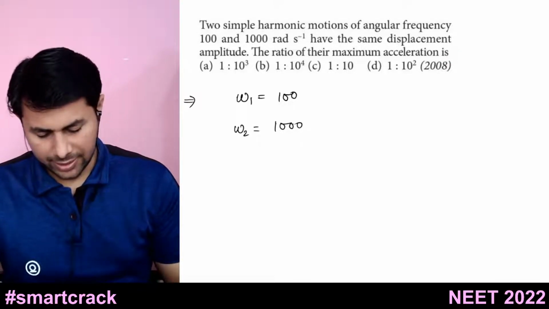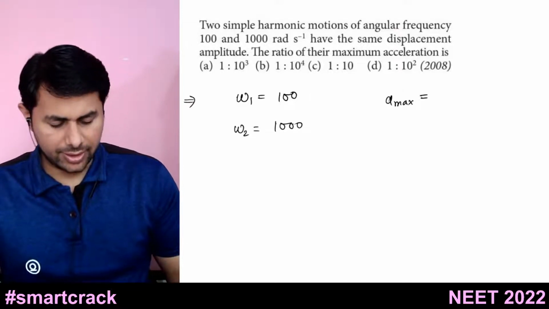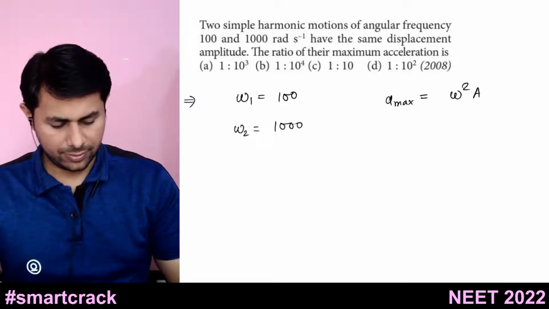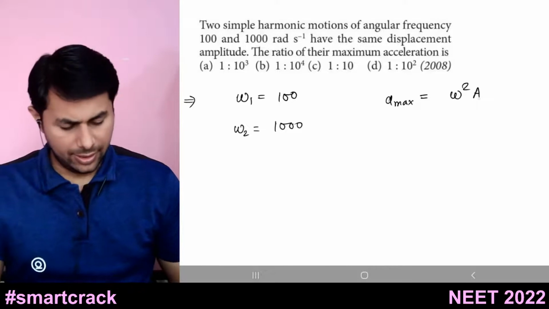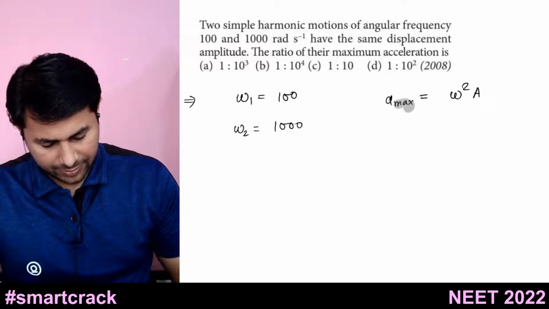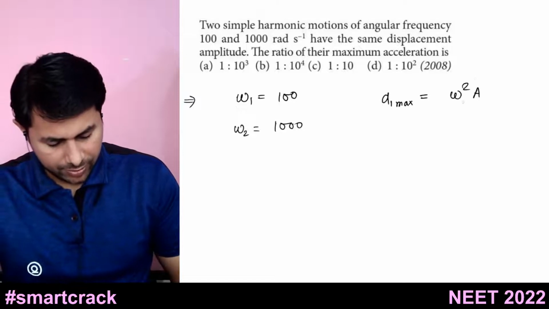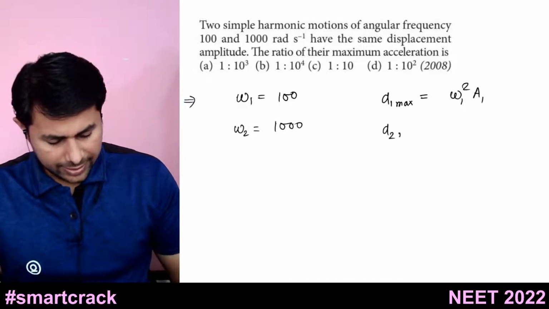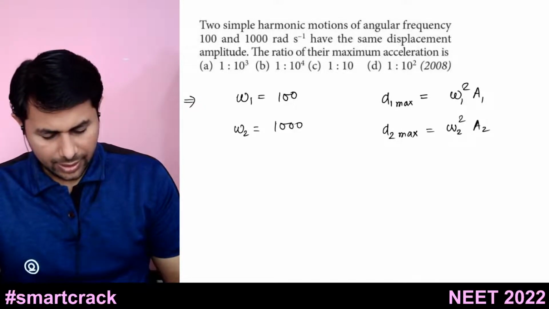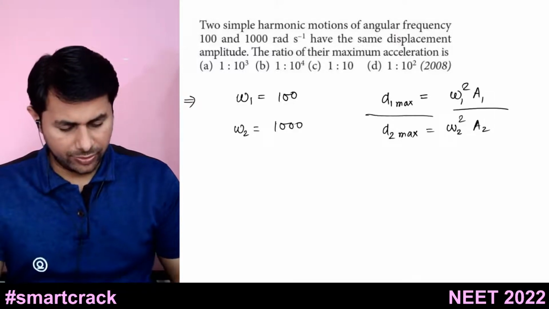Maximum acceleration, as we saw in the last problem, is omega square A. So A1 max equals omega 1 square A1, and A2 max will be omega 2 square A2. We want the ratio, so let's divide these.